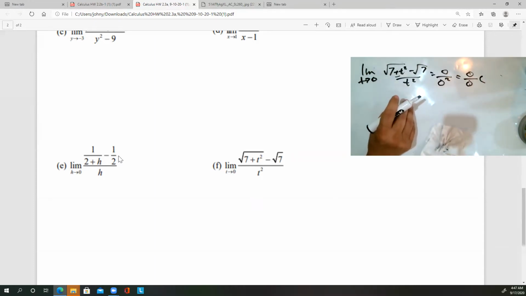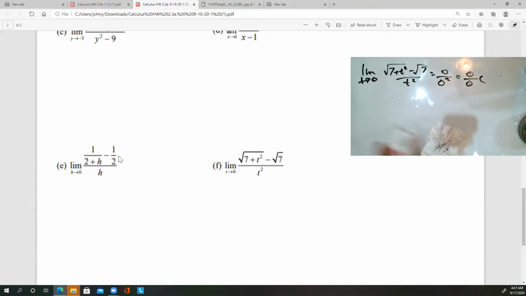So what we're going to have to do is manipulate this a little bit. What do we do? We multiply by the conjugate of this. Since it's a binomial, we're going to multiply the numerator and the denominator by the conjugate of the square root of 7 plus t squared minus the square root of 7.